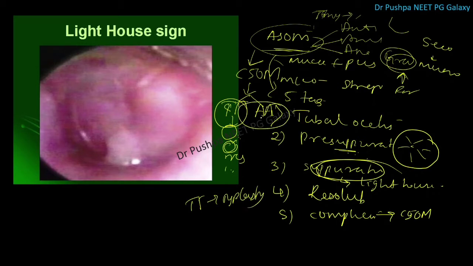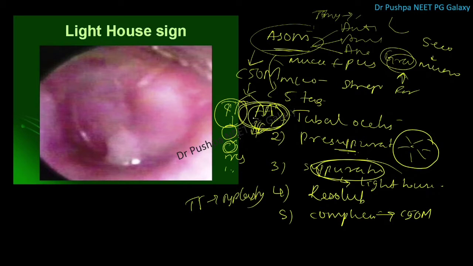This atticoantral is unsafe CSOM. In this there will be foul smelling discharge and the ossicles will be eroded. The basic anatomy is distorted. There might be cholesteatoma, or in this atticoantral there will be scanty discharge because there will be obstruction. That's why the discharge will be less. If it is involving aditus, antrum or pars flaccida, it is called atticoantral CSOM.